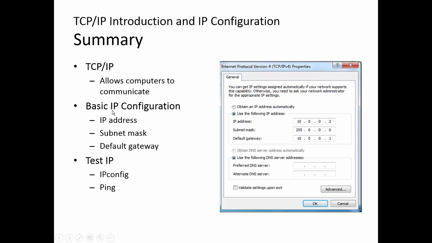And basic IP configuration consists of assigning an IP address, a subnet mask, and the default gateway. And testing IP configuration can be done by using the ipconfig command and the ping command. And you will be using the ping command a lot in your career. And this concludes our introduction to TCP/IP and IP configuration.